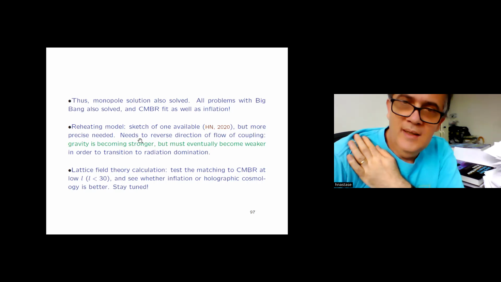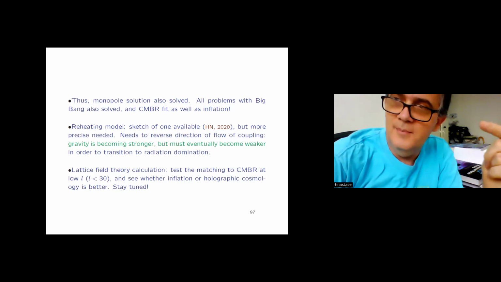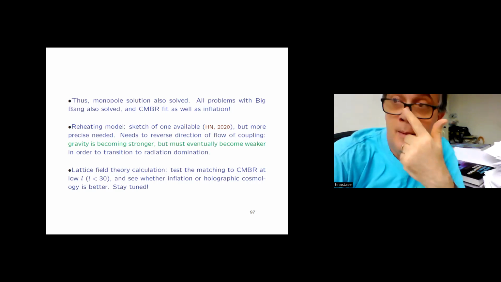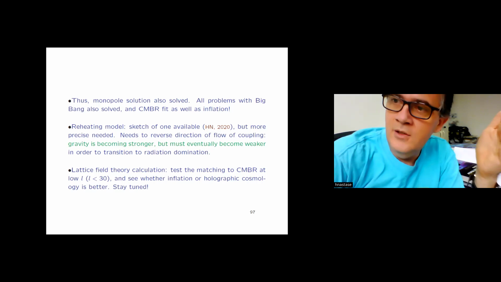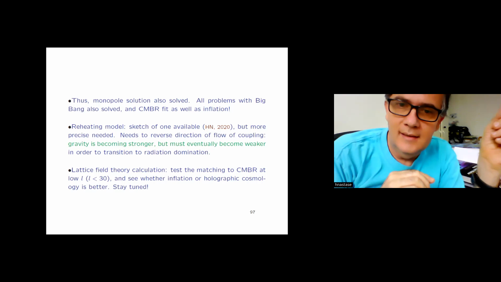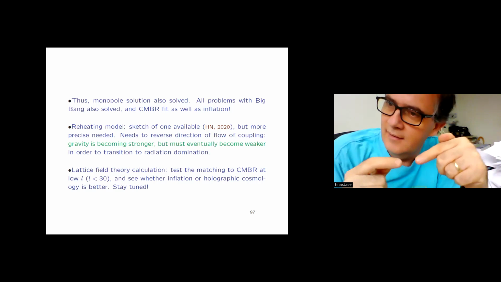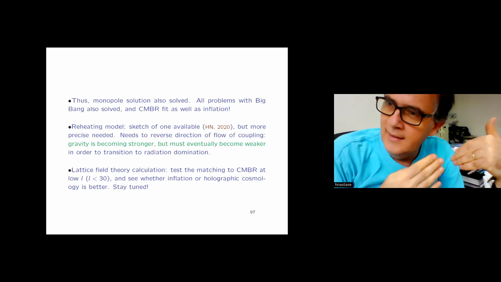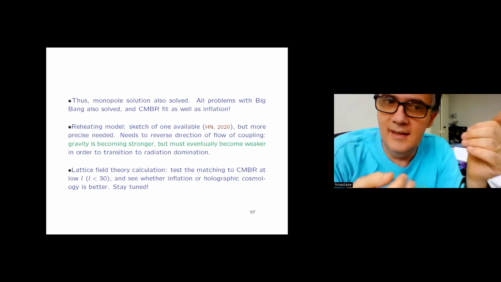The problem with that is that one needs to reverse the direction of the flow of the coupling, of the RG flow, if you want. Because during this non-geometrical phase, the Yang-Mills coupling is getting weaker. So it's very strong at the beginning and very weak at the end, which means reversely in gravity, it's the opposite.